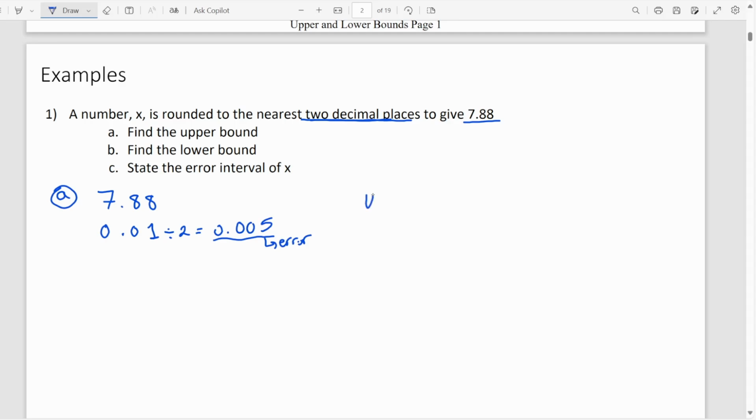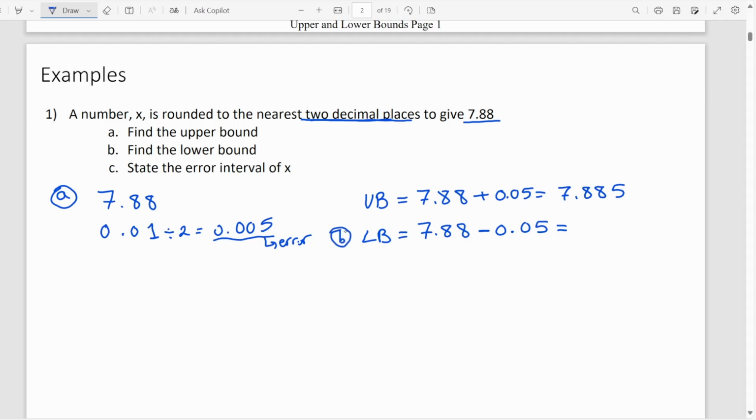So now in order to find the upper bound, UB, it's equal to 7.88 plus 0.005, and this gives us 7.885. And the lower bound is 7.88 minus 0.005. Sorry, this is part B, so I'm going to write part B right here.